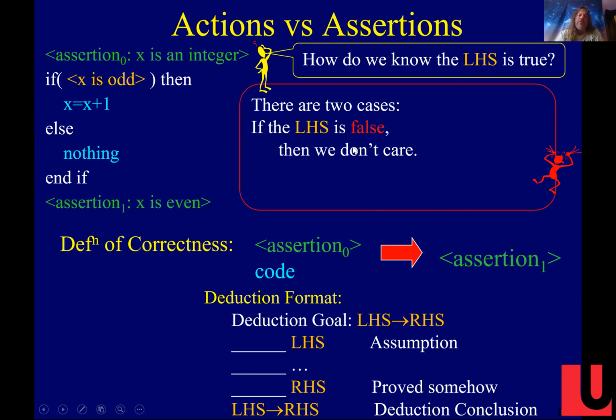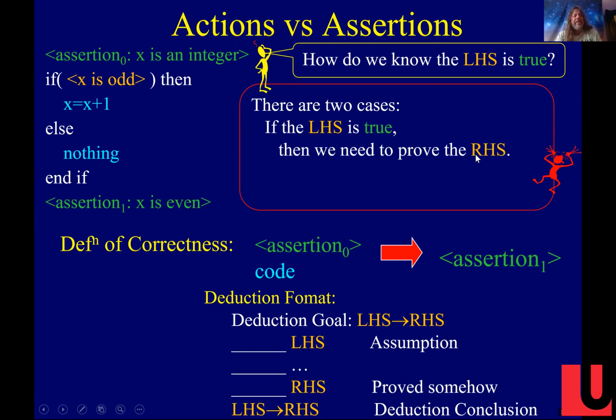But what we do care about is if we get up to the top of the loop and the assertion at the left-hand side here is true, then we better prove the right-hand side, right? Does that make sense? And so we still beg the question, how can we assume that the left-hand side is true?